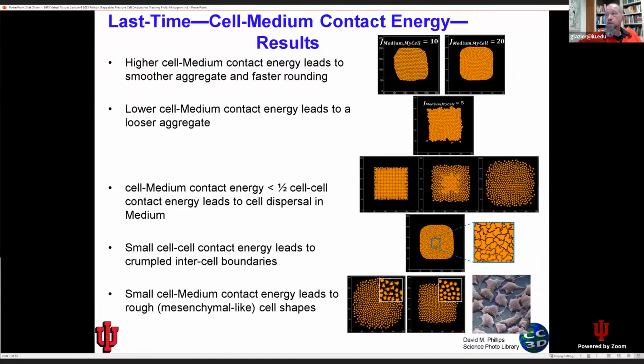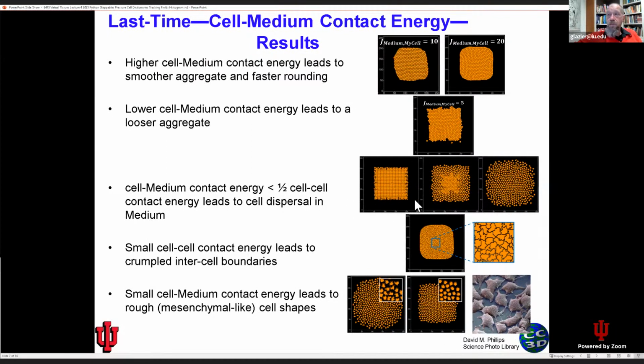Depends on what the situation is. Similarly, a small cell-cell contact energy leads to rougher or more crumpled intercell boundaries, as we said before. In some situations, the cell boundaries really are pretty rough and interdigitated. In other cases, they're not. And so we really do have to decide which of these is important.